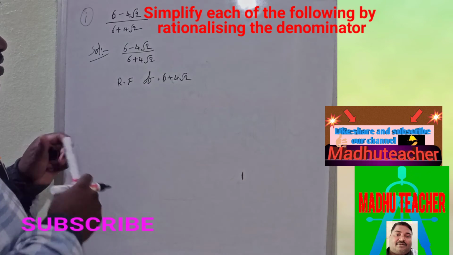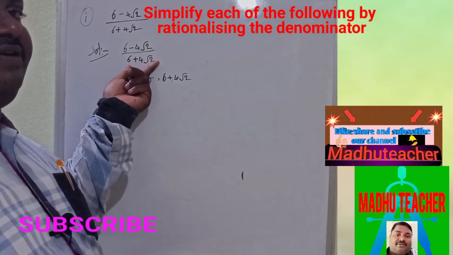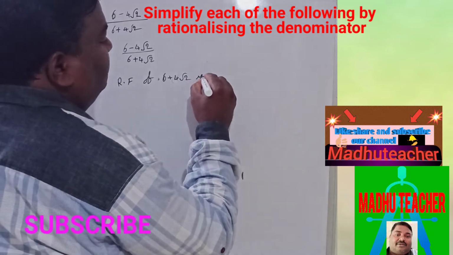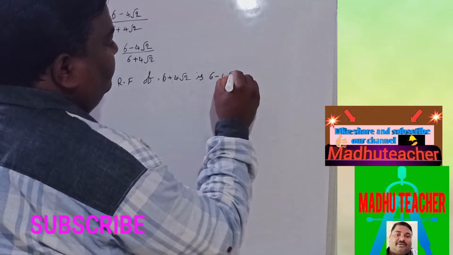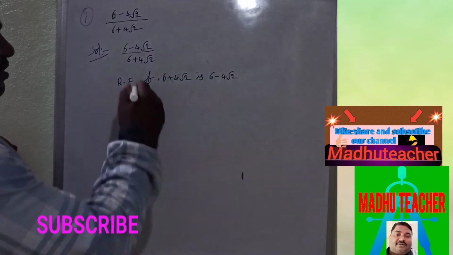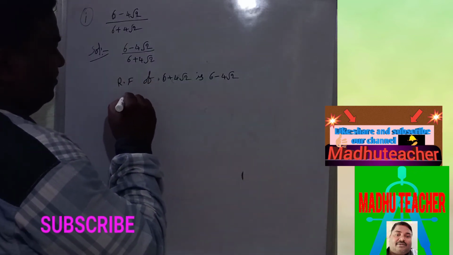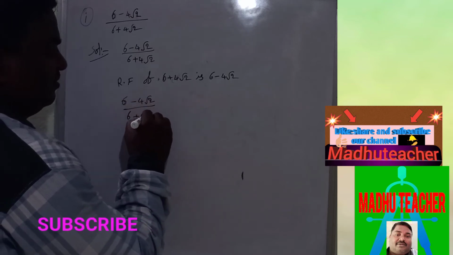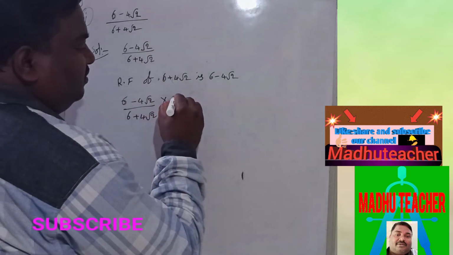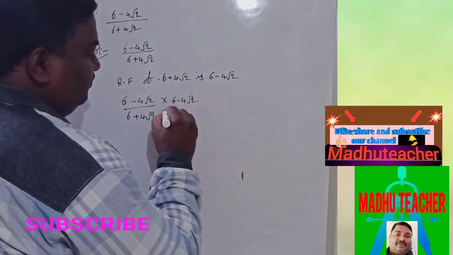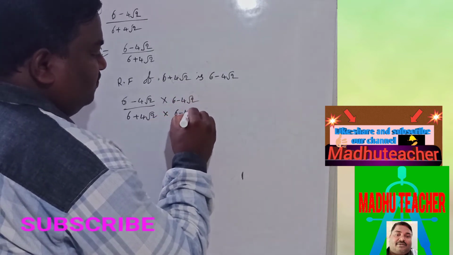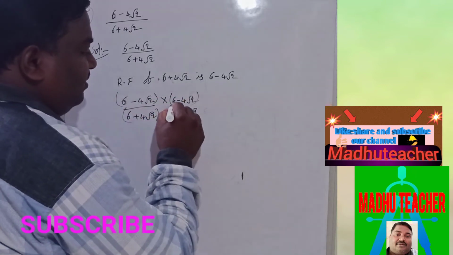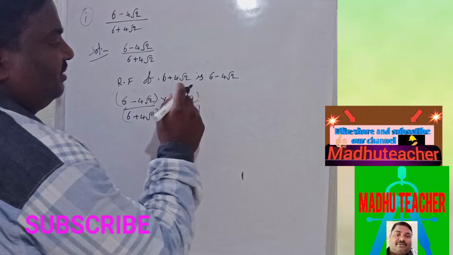To rationalize this, you have to multiply with the rationalizing factor. The rationalizing factor is 6 minus 4 root 2. You have to multiply numerator and denominator with that rationalizing factor, that is, 6 minus 4 root 2 into 6 minus 4 root 2.